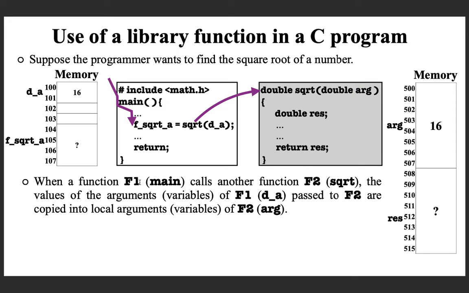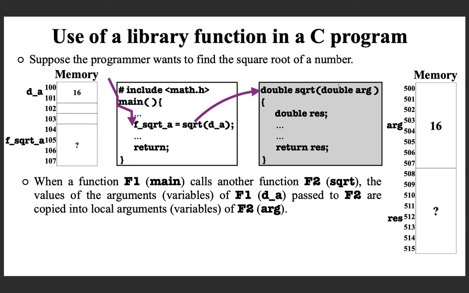When a function f1, in this case main, calls another function f2, in this case square root, the values of the arguments or variables of the calling function, and here the only argument is a, the value of the arguments passed to f2, passed to this function, are copied into the local arguments or variables of f2.